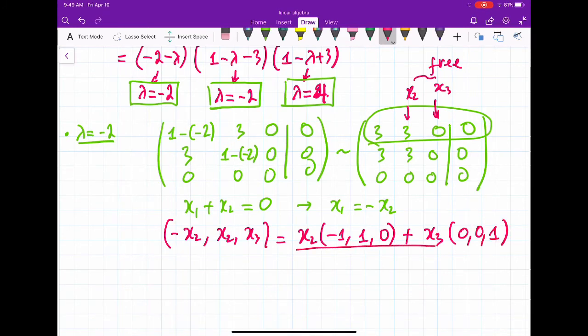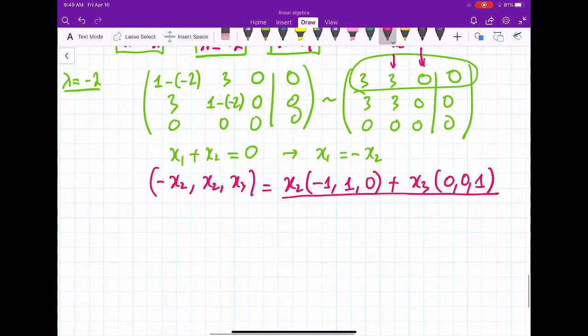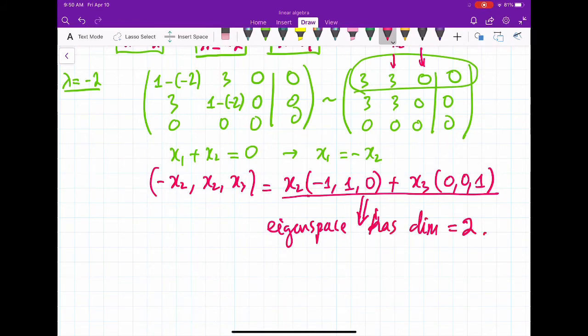So all vectors of this form are eigenvectors of lambda equal to -2. And the eigenspace has dimension equal to 2. You see that? Because these two vectors will form a basis. Agree? So, that is the difference between this problem and the previous one.